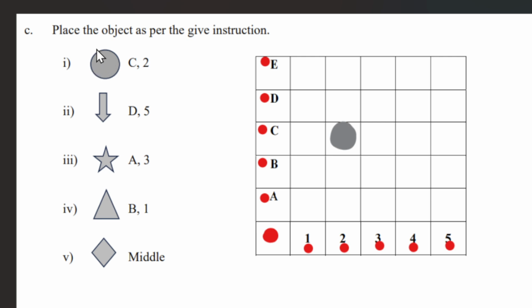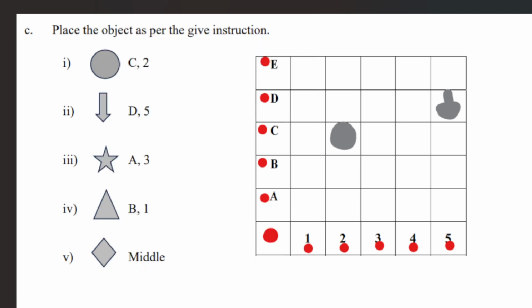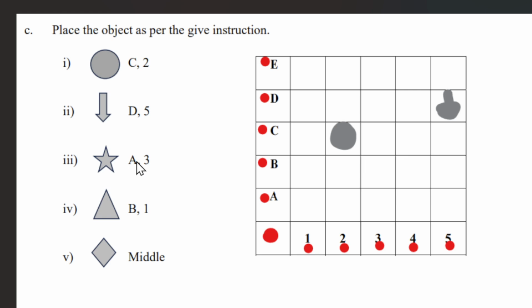Okay. Next, we have an arrow in D5. So we have D here and 5 here. So again an arrow mark. Okay, arrow mark in D5. So next we have a star in A3.